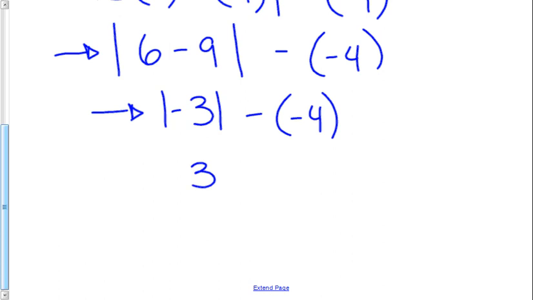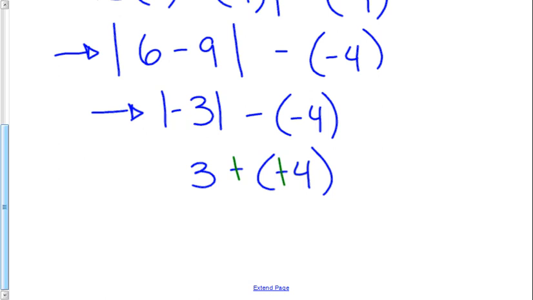Okay. So we have 3 minus a -4. Here is where putting the number in parentheses is very important, because we have a double negative. We have minus -4. Hopefully you remember, 2 negatives makes a positive.